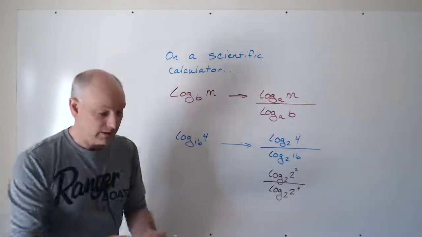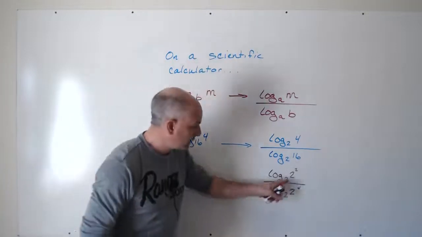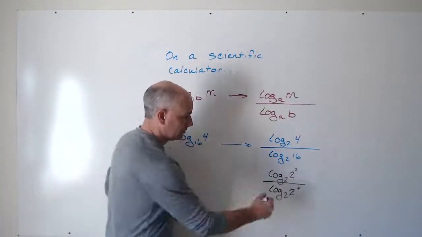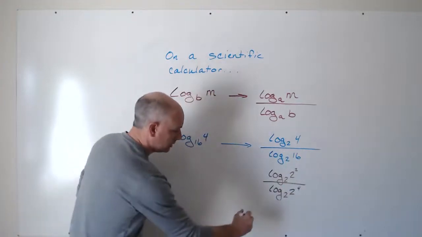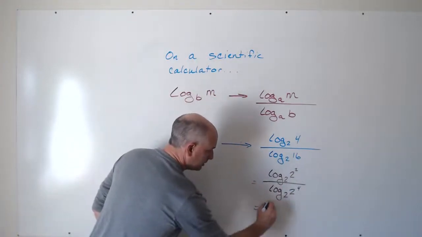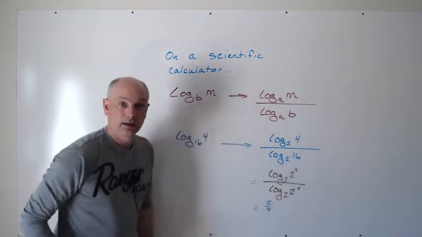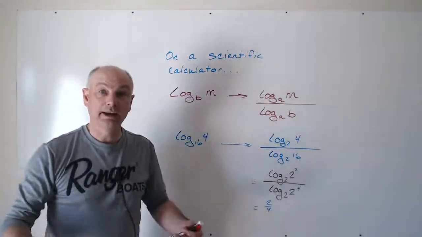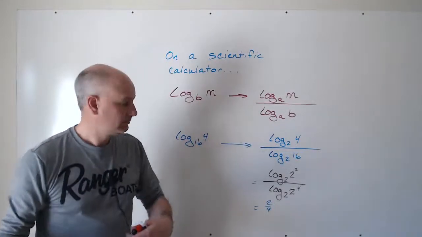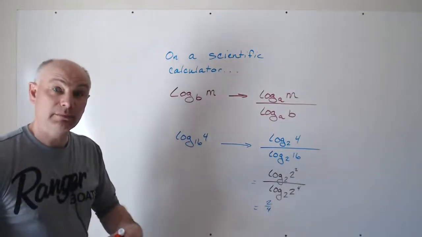Well, from a previous piece, what do these reduce to? 2 and 4. So essentially, I can reduce that, and I can say that the final result then would be 1/2. How's that for something kind of neat?